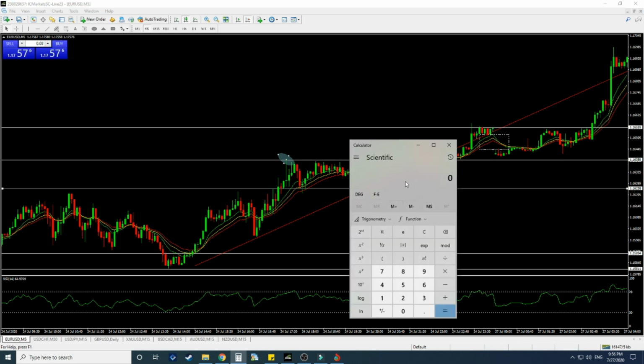Meaning 122 candles, each candle represents 5 minutes, times 5 minutes, it's 610 minutes, divide by 60.